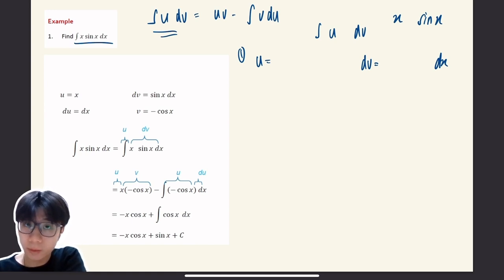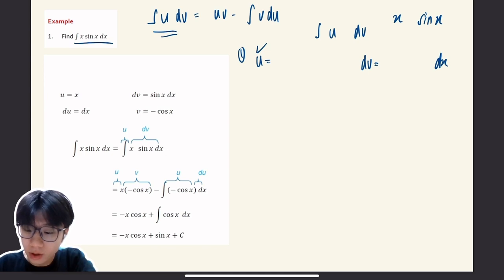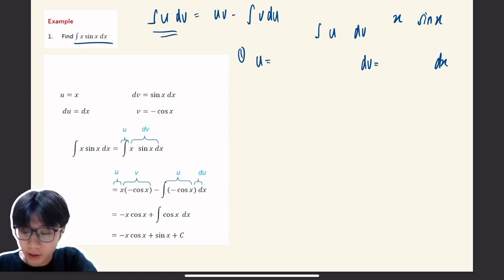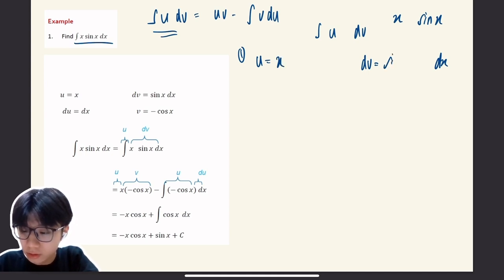The tip I'm using is for the u, we will be solving the easier part. So x and sin x, to be honest, x is easier, right? So you just write x here and then sin x here.